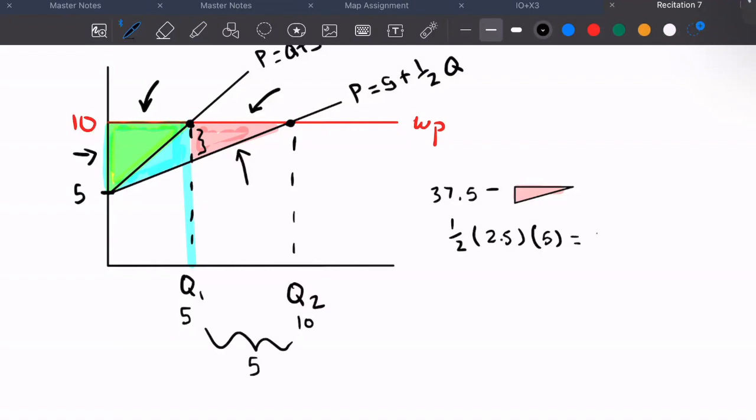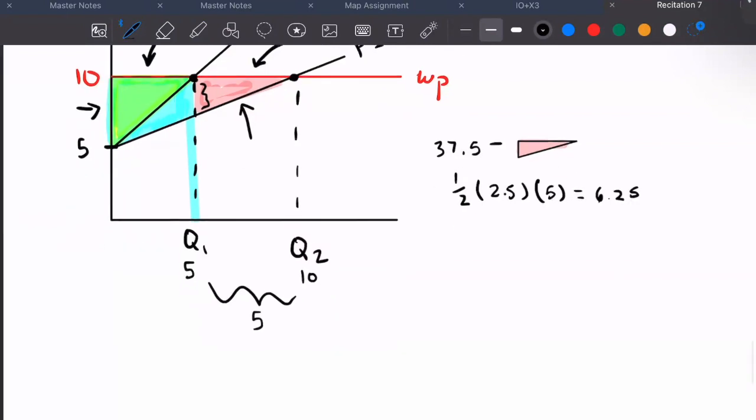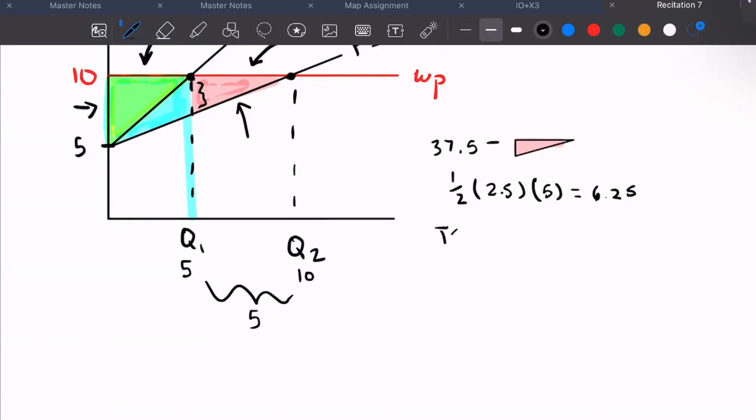And that should give us 6.25. So our total producer surplus ends up being 31.25 with cap and trade. Or in this case, with a cap on how many widgets each producer can produce.